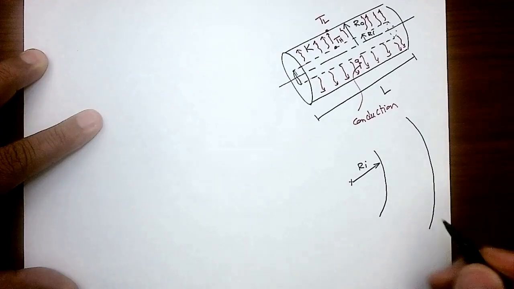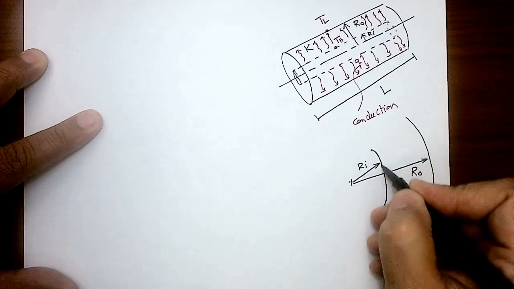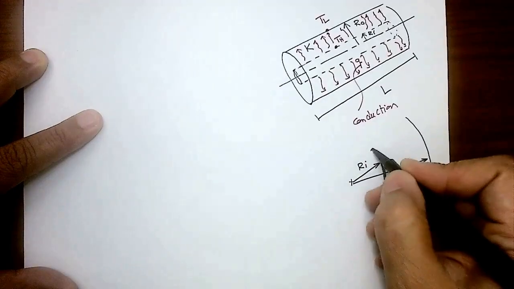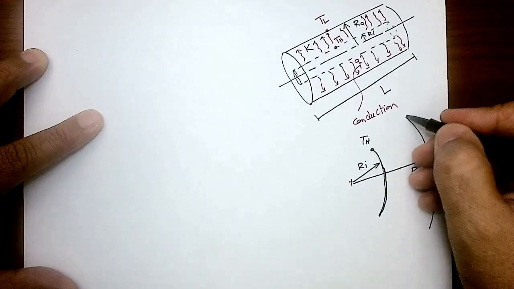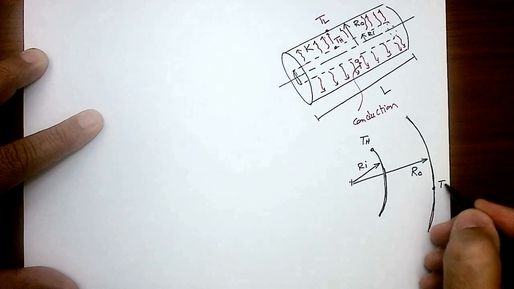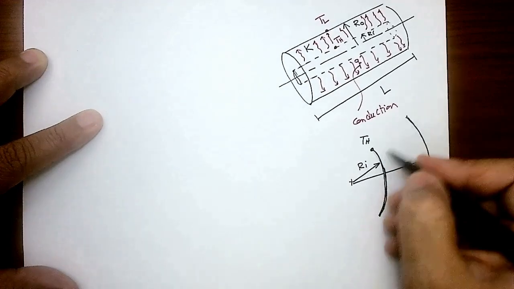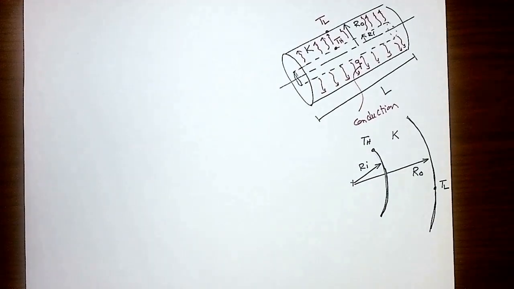That curvature here is presenting our outer radius. That interface, presenting the interface of the tube, I'm going to put here T_H. Then this is presenting the outer face of the tube at lower temperature. And this is totally a solid material with thermal conductivity K. Okay? That's how we simplified this.